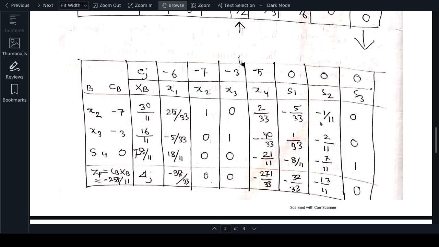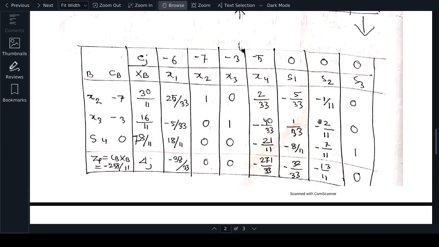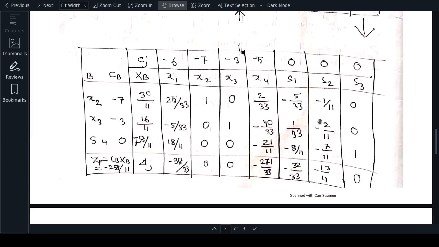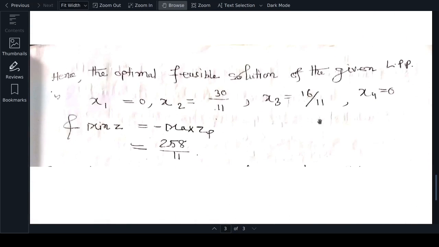Sometimes in your question it asks, solve the linear programming problem by the big M method. Then you should not be confused. How to solve the big M method? When we use an artificial variable in the problem, this is called the big M method. Or solve the following linear programming problem by the penalty method.